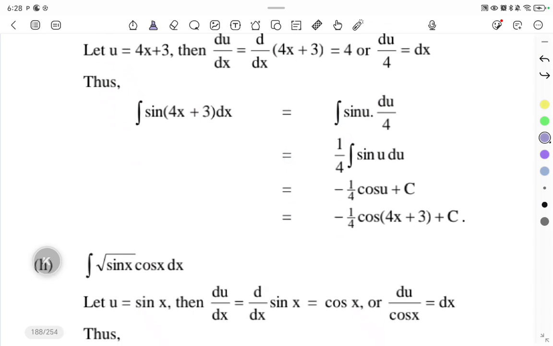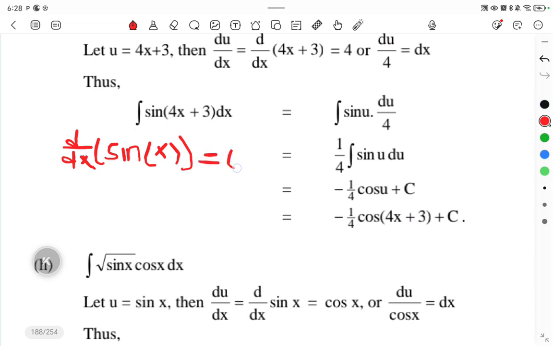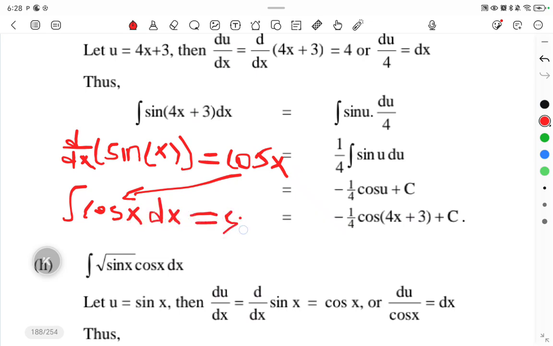When I integrate sin U, remember, when you derive sin x, we are going to get positive cos x. This means that when I integrate cos x, I must get sin x.